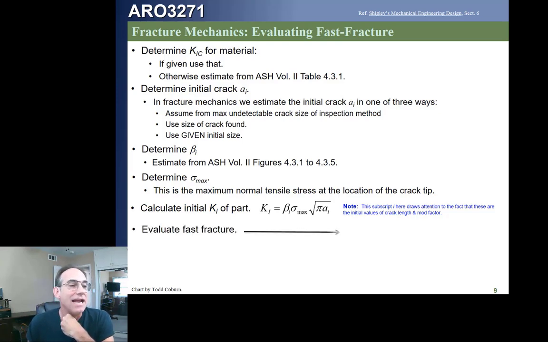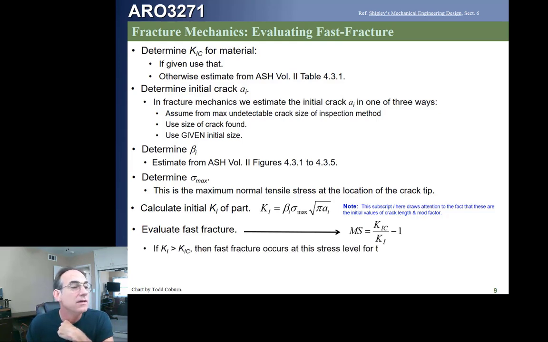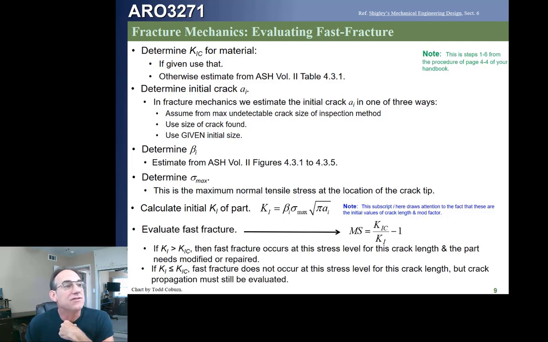Now we can evaluate fast fracture. Does the part fail at that stress level? If it does, we have to redesign the part. If it doesn't, we can continue to analyze the crack growth. And we can write our margin of safety for fast fracture. This is how we evaluate fast fracture.